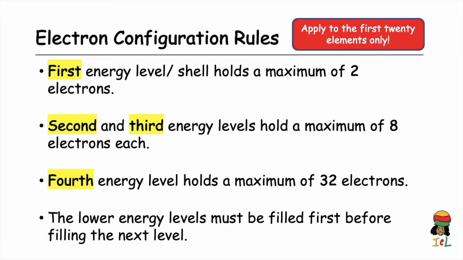Outside of that, the third shell can hold up to 18 electrons. The third rule states that the fourth energy level holds a maximum of 32 electrons. And finally, when arranging the electrons, the lower energy levels or shells, those closer to the nucleus, must be filled with a maximum number of electrons before filling the next energy level.